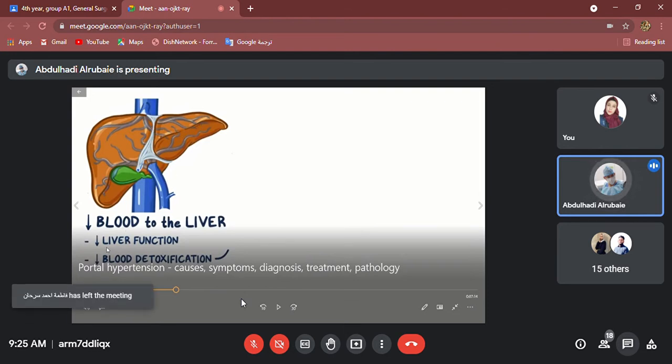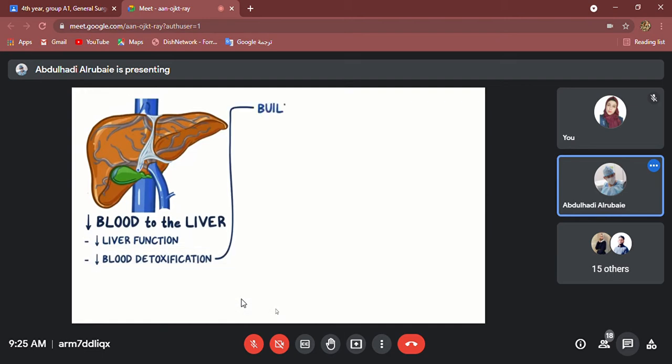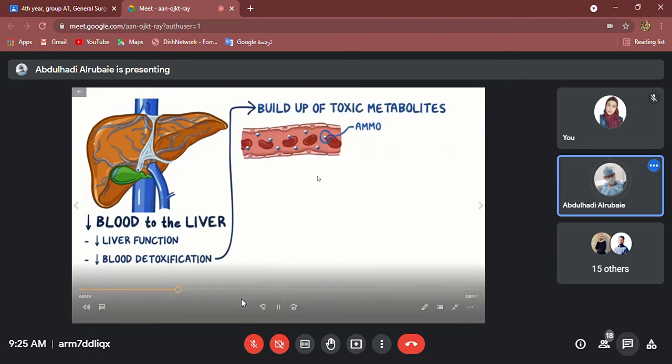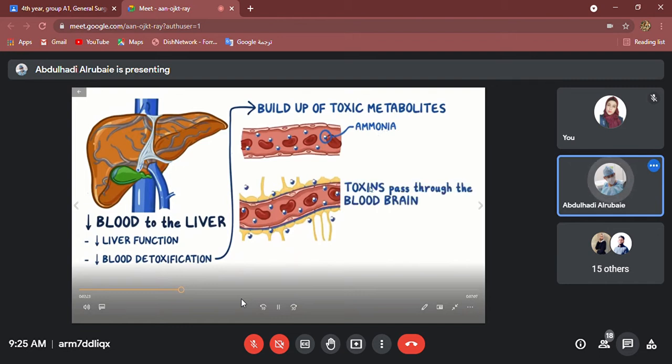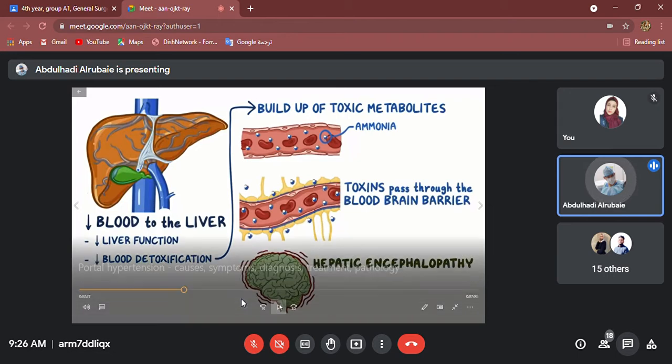So there is a decrease in liver function and decrease of blood detoxification. Okay, and then build up of these toxic materials like ammonia, and these toxins will pass to the systemic circulation, and then it passes the blood-brain barrier and produces hepatic encephalopathy.